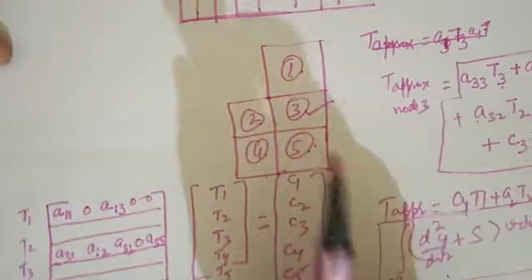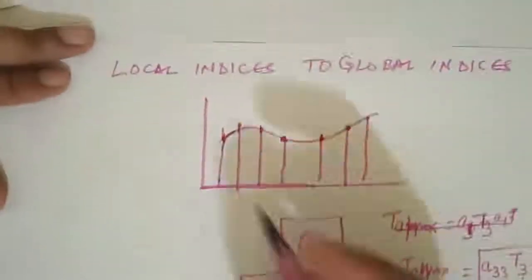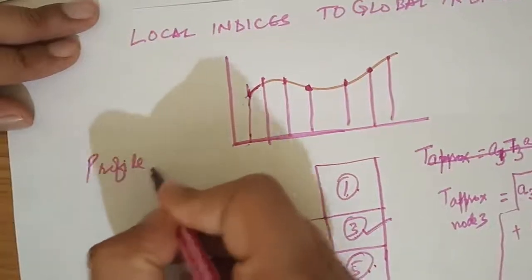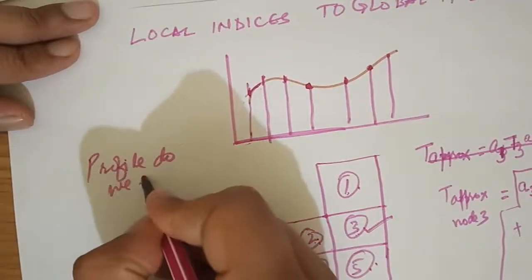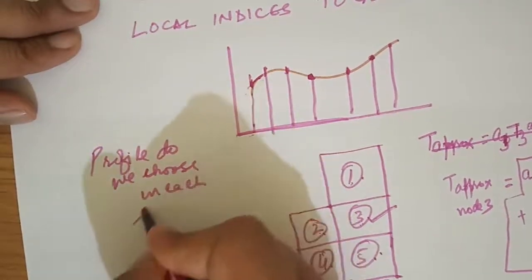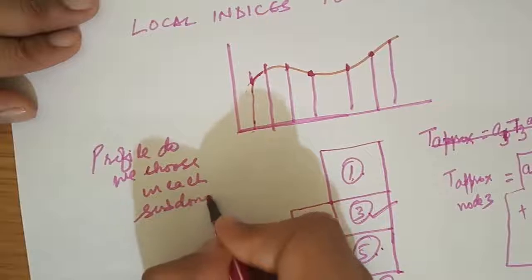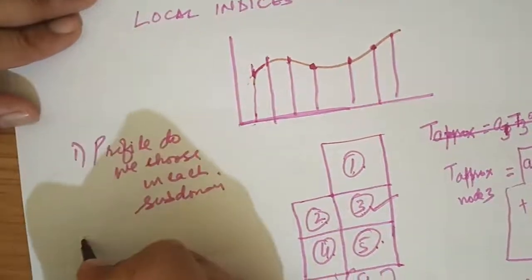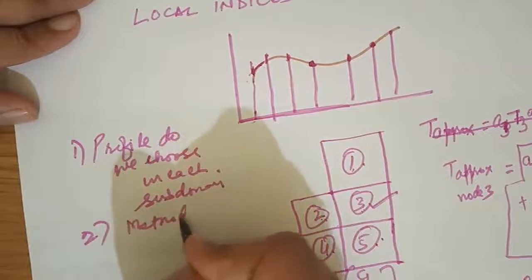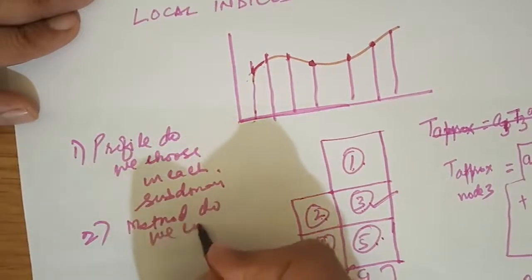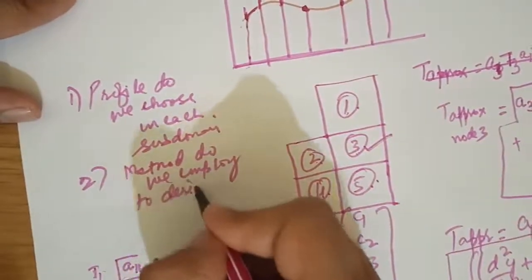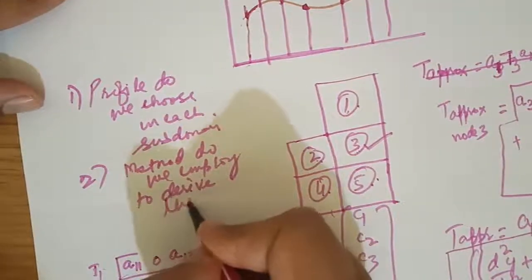So there are two things. One is what profile we choose in each subdomain, and which method we employ to derive the algebraic equations.